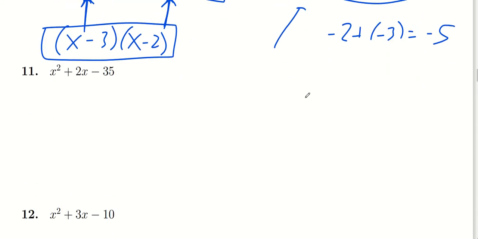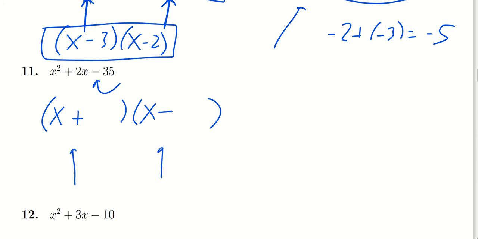Let's take a look at number 11. We have x squared plus 2x minus 35. So we're going to, again, factor this trinomial. It's going to factor as x and x. Anytime the last sign is negative, we have to have a mixture of signs, because the only way to get a negative is we have to have one positive times one negative.